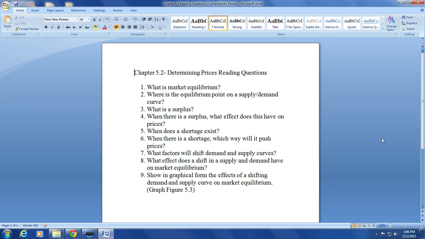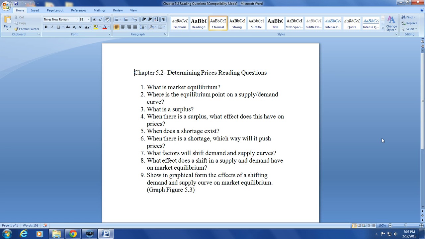You can see there you have a downward sloping demand curve labeled D1 and an upward sloping supply curve labeled S1 on the same graph. And the point where the demand curve intersects the supply curve is called market equilibrium.